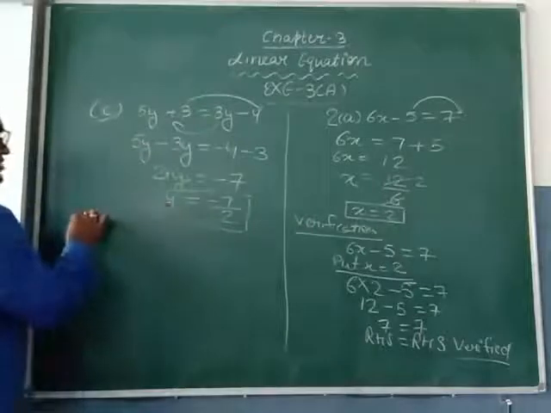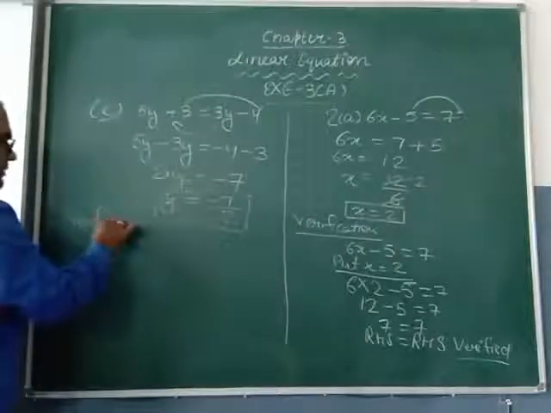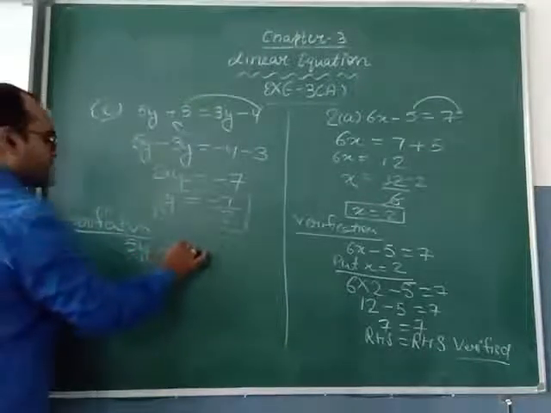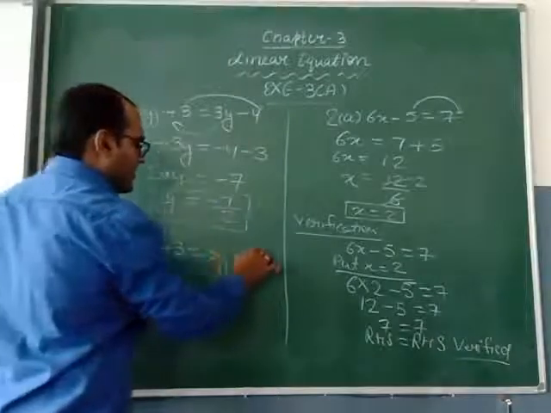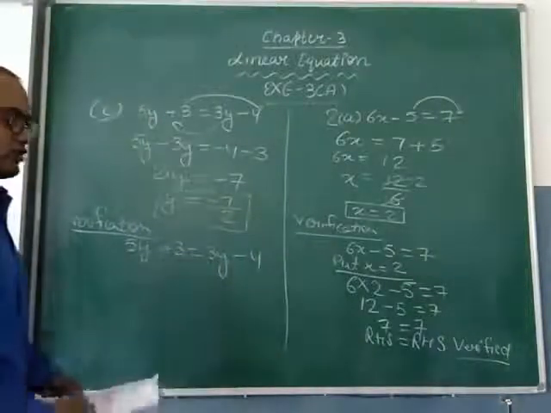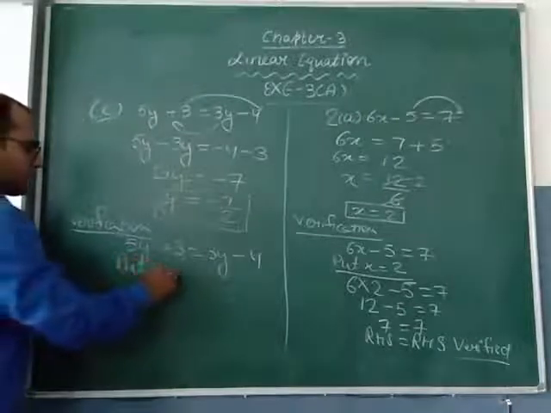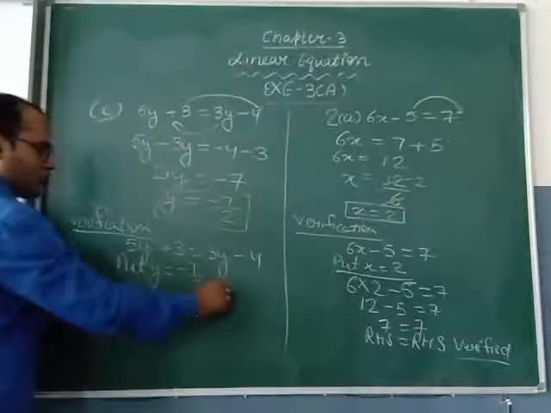Now we have to do the verification. Question is 5y plus 3 is equal to 3y minus 4. So first of all we have to put y is equal to minus 7 upon 2.